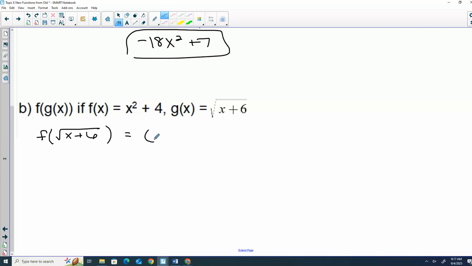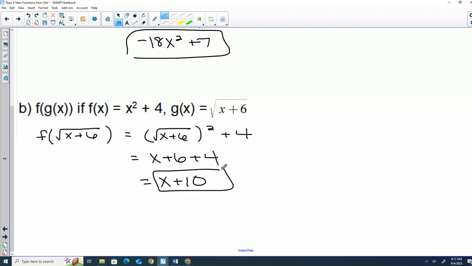If I plug that into f, we get the square root of x plus 6 squared plus 4. What happens when you square a square root? So x plus 6 plus 4, x plus 10. Okay, you're not solving for x here. We are just simplifying this expression. So it turns into an x plus 10.